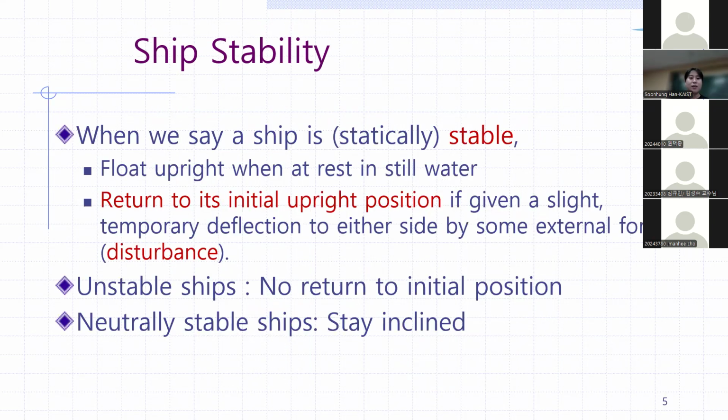A ship is stable if, floating upright at rest in still water, it returns to its initial upright position when given a slight, temporary deflection to either side by some external force. If the ship is unstable, it does not return to its initial position, and if neutrally stable, the ship will stay inclined.